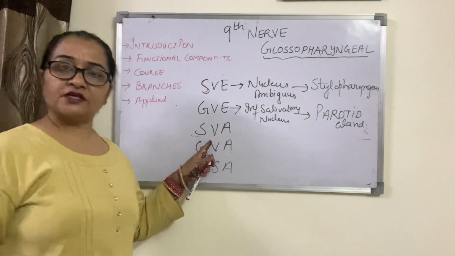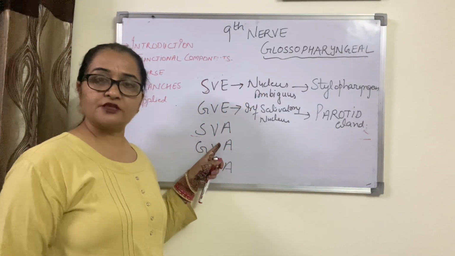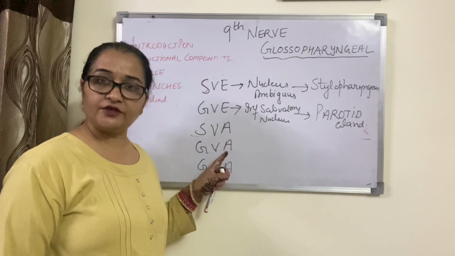Now this special visceral afferent component is basically the central processes of the neurons which are lying in the inferior ganglion.